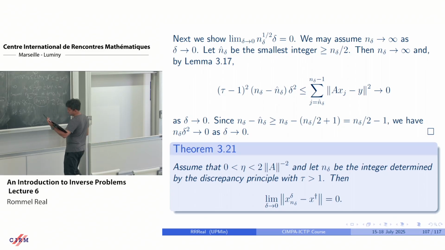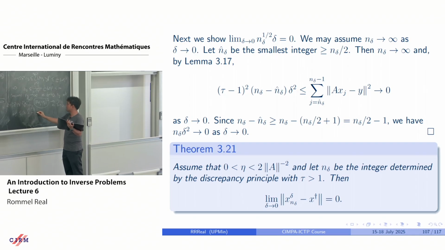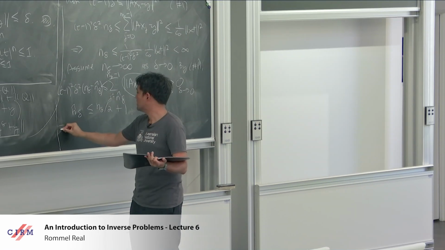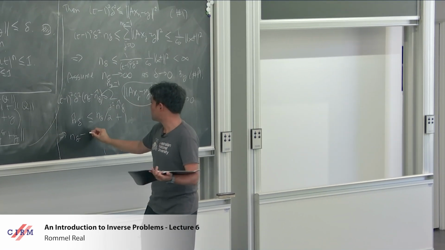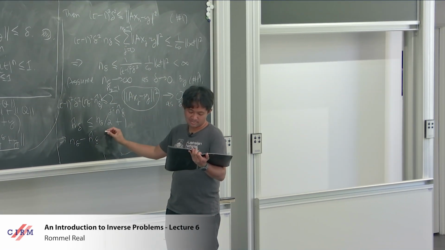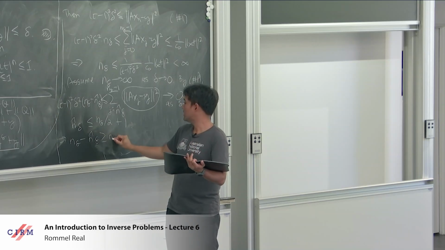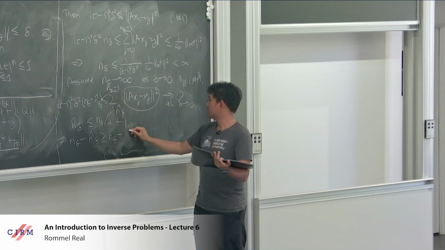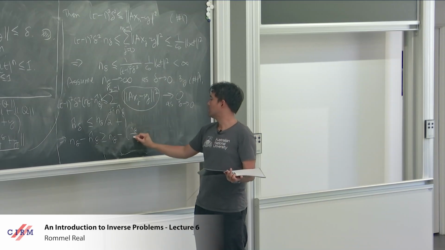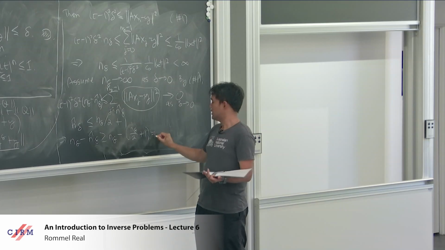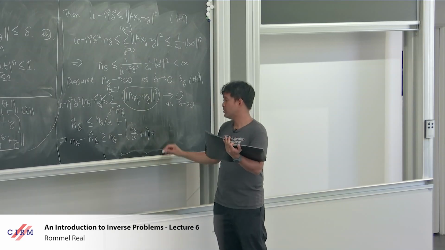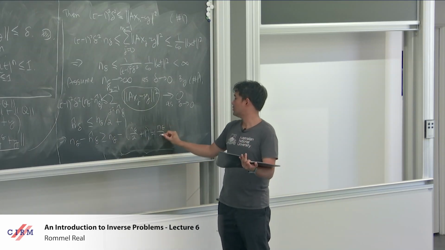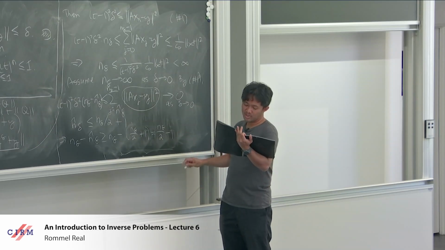And also, by definition, we can see that n sub delta minus n hat delta is less than or equal to n delta minus n delta over 2 plus 1, which is just equal to n sub delta over 2 minus 1.